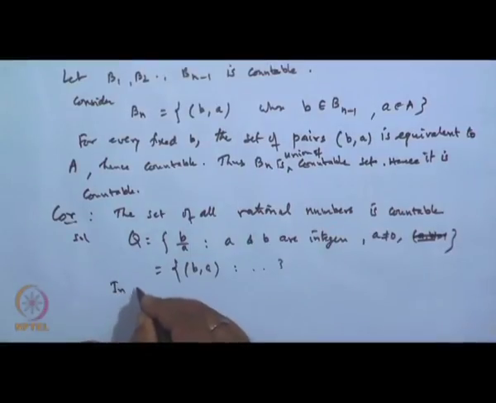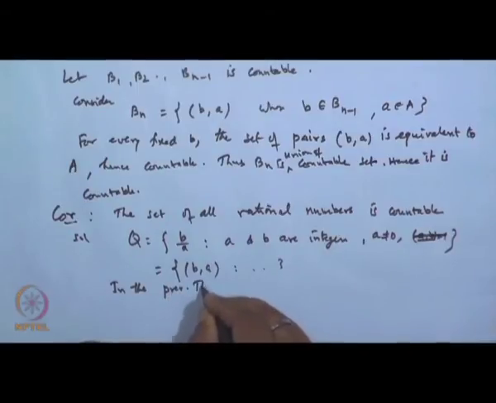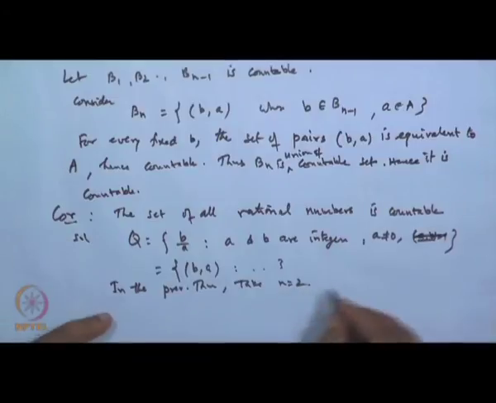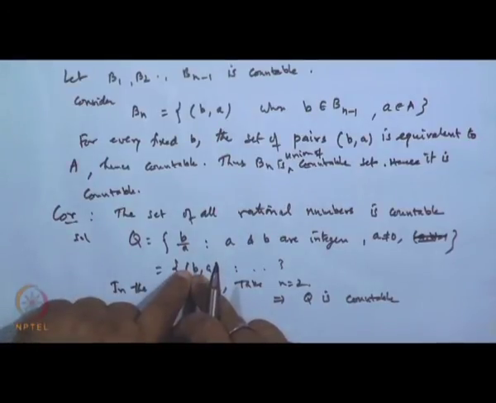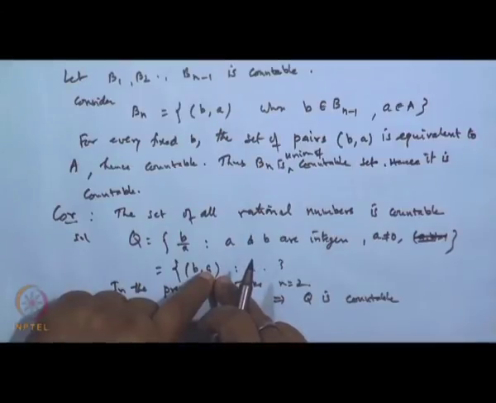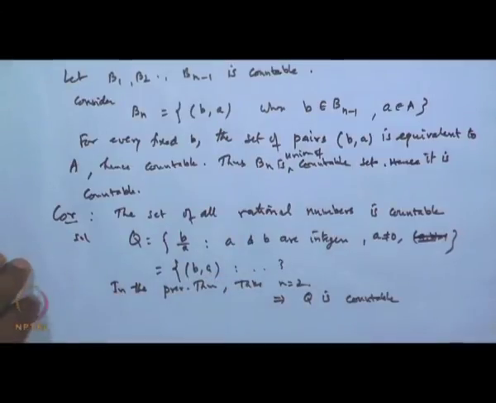In the previous theorem, if we take n equal to 2, then this shows that Q is countable, because b is in I, which is countable, and a is in I, which is also countable. Therefore, it is countable.